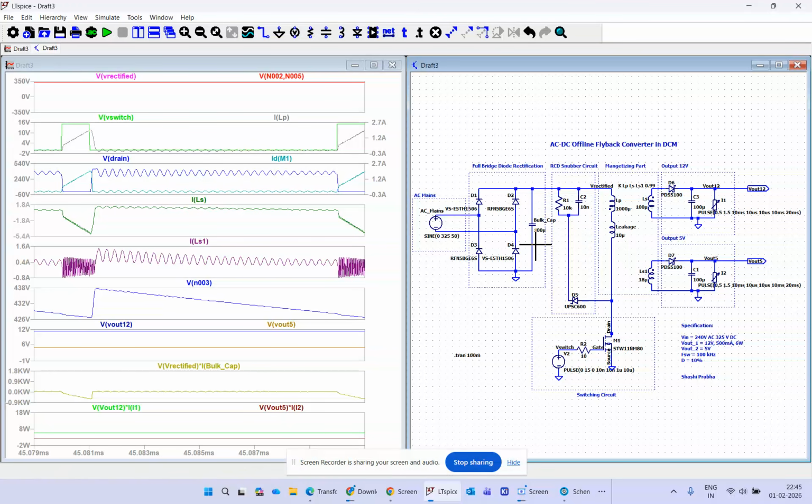Earlier I was using a 37 microfarad capacitor, which was way too small to handle this much amount of energy, so I have increased it to 100 microfarad. The RC values, so as of now it is 10K, but earlier I was using 3 kilo ohm, which was... so what was the issue coming there?